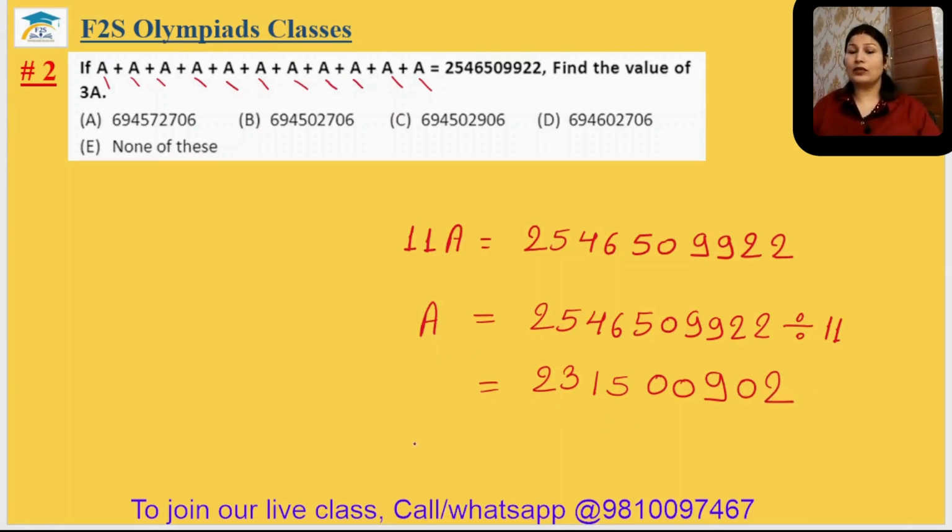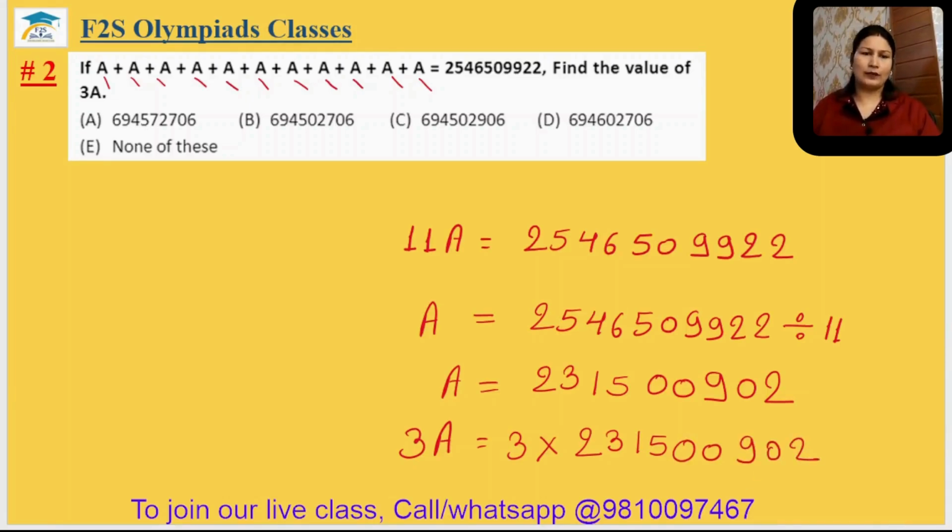So what will be 3A? 3A means 3 multiply by this value. So 2, 3, 1, 5, 0, 0, 9, 0, 2.